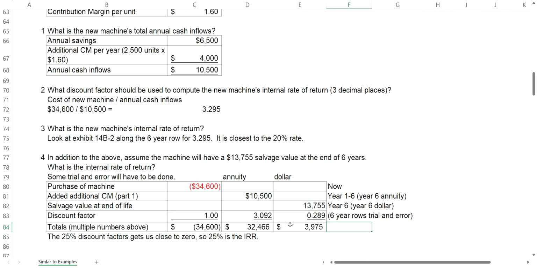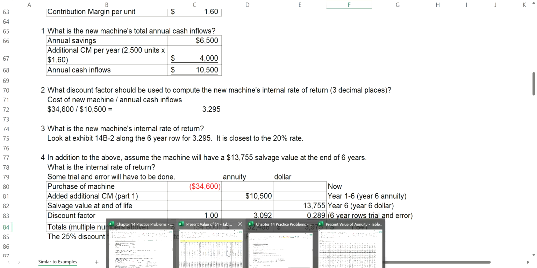Okay, and now I'm going to add the three numbers together. Okay, so currently I have $1,841. So that means that since it's a positive number, it is more than a 23% return. I want to try and get as close to zero as possible to determine the return. So let's bump up to 25%.